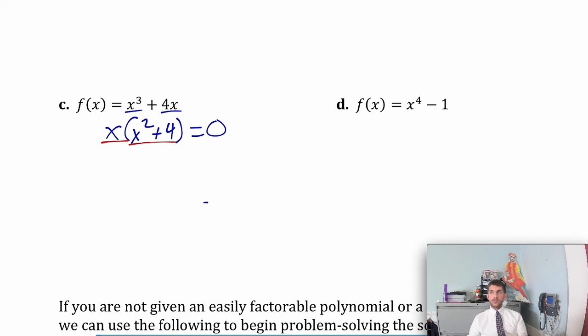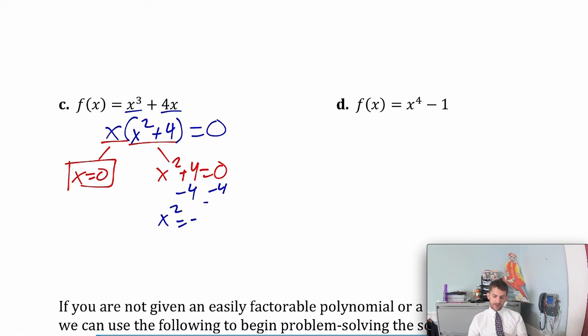Remember, going off of the zero product property, that means either this first thing has to be equal to 0 or the second group has to be equal to 0. Now I'll go ahead and solve x equals 0 for you because it's already done. You're welcome. But we need to solve x squared plus 4 equal to 0. To solve that, we have to do our inverse operations. We subtract 4. We get x squared equals negative 4.